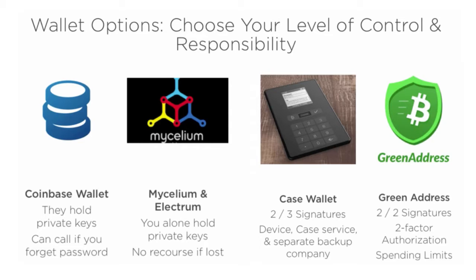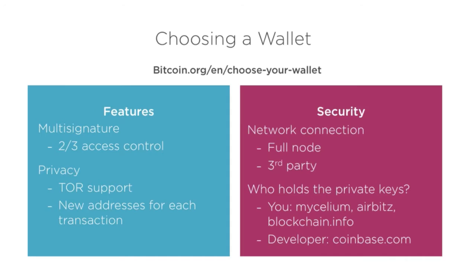The good thing is if you ever lose your device, you can call Case and the separate backup company and say, hey, I lost my private key. Can you two put together your private keys in order to send all my money to a new account that I'll create? So with multi-signature, you can get a lot of these cool features, such as authentication and security in case you forget your private key.